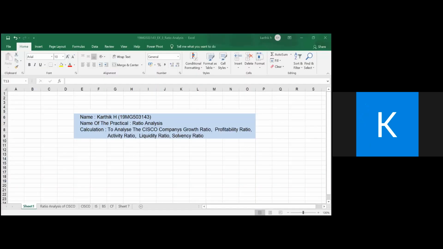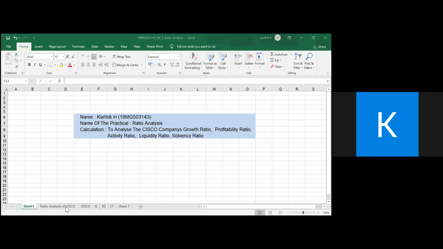Name is Karthik H. Name of the practical: ratio analysis, to calculate and analyze Cisco company's growth ratio, profitability ratio, activity ratio, liquid ratio, and solvency ratio. Yes, you can proceed.